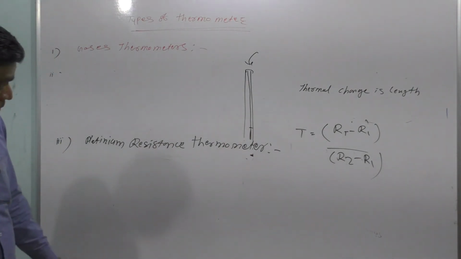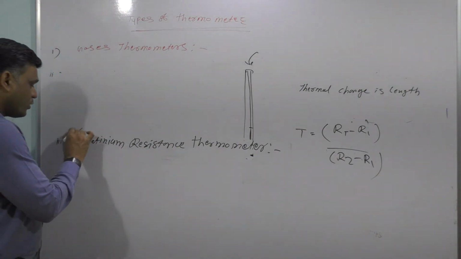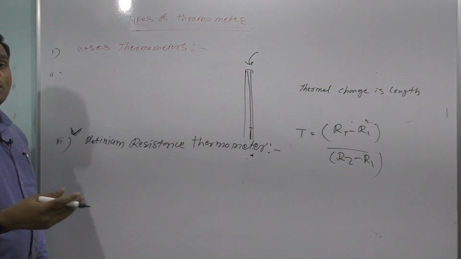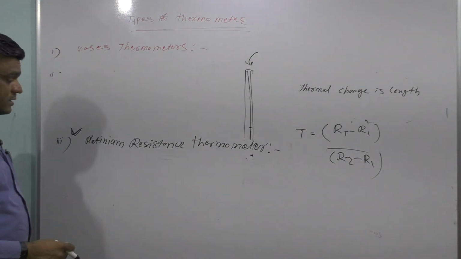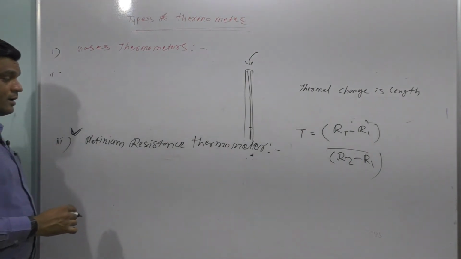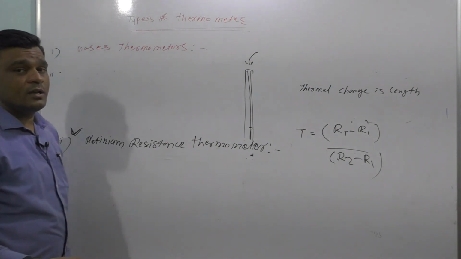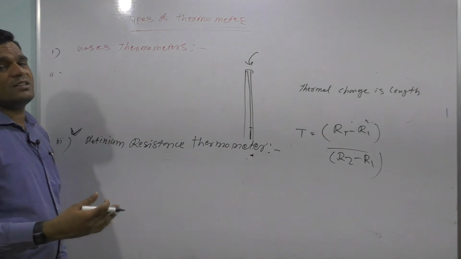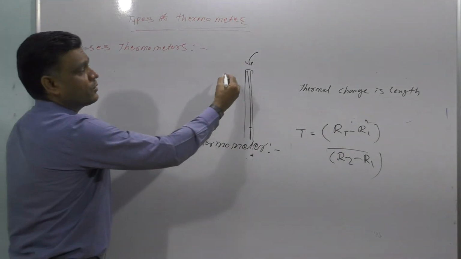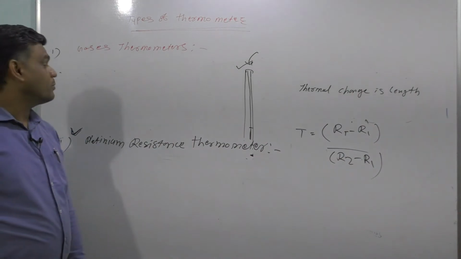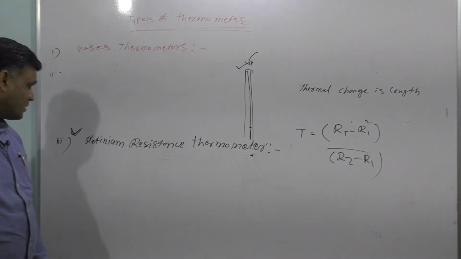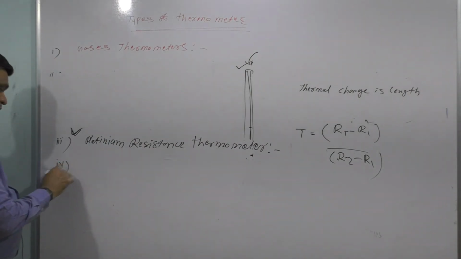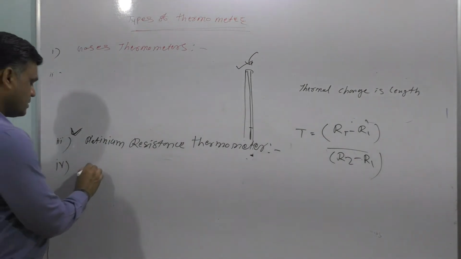Here one more plus point is there, they are more accurate and having the high range. Again, they are also very bulky, so it is not easy to handle as compared to the previous one, liquid in the glass thermometer.